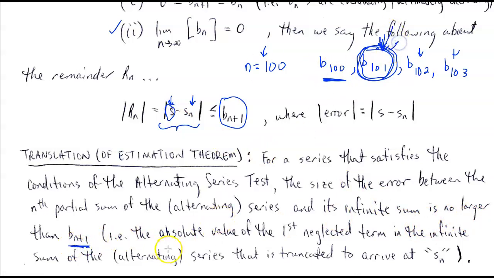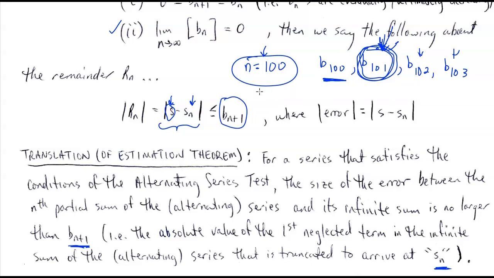That is to say, the absolute value of the first neglected term in the infinite sum of the alternating series that is truncated after you get the first 100 terms added up. So that is an estimation of that.